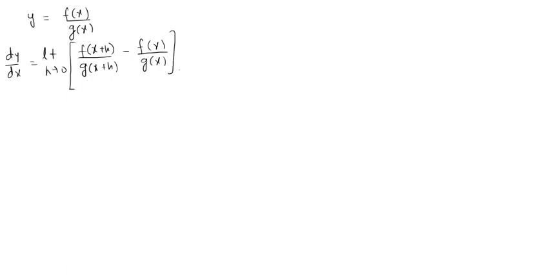So this can be written as the limit h tending towards 0. Now I will multiply g(x) and g(x+h). It is g(x+h) into g(x), and then I will have f(x+h) g(x) minus f(x) into g(x+h).